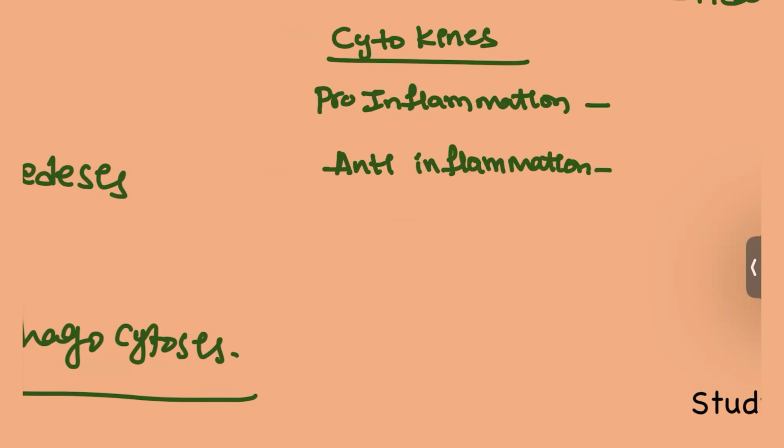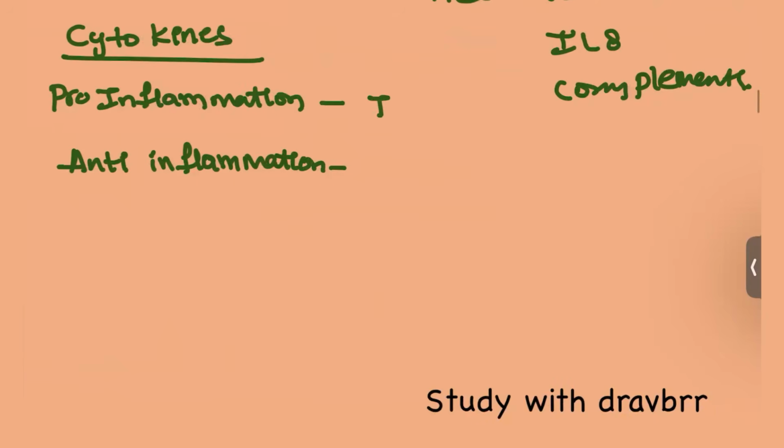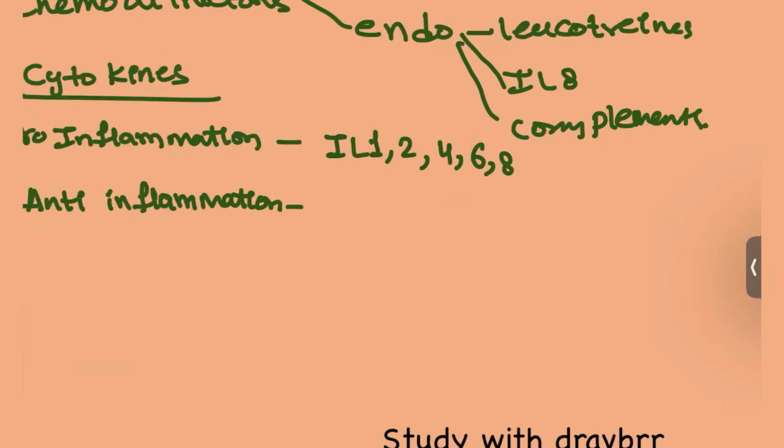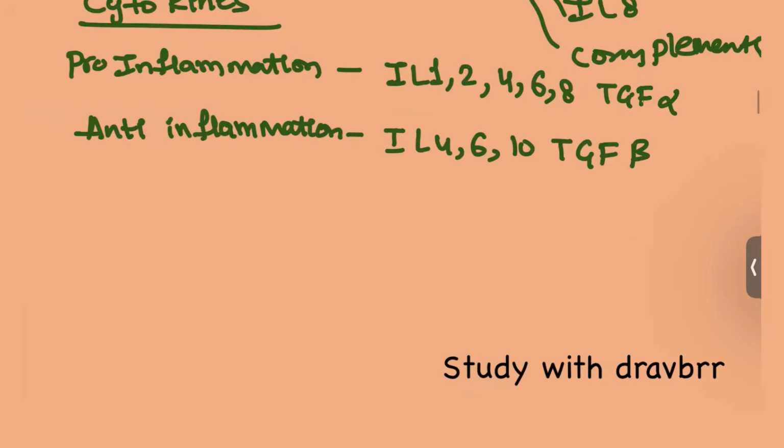Pro-inflammatory, we have interleukin 1, 2, 4, 6 and 8. Along with that, for the anti-inflammatory, we have interleukin 4, 6 and 10, TGF beta and here TGF alpha. These are the pro-inflammatory and the anti-inflammatory.